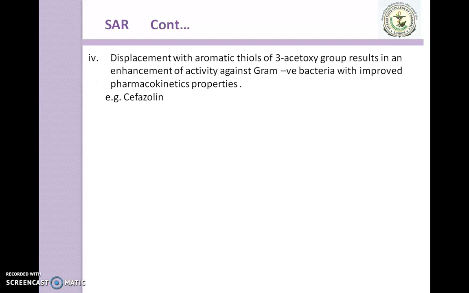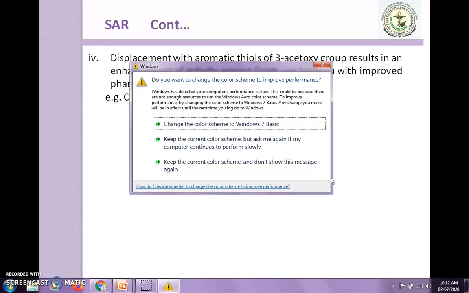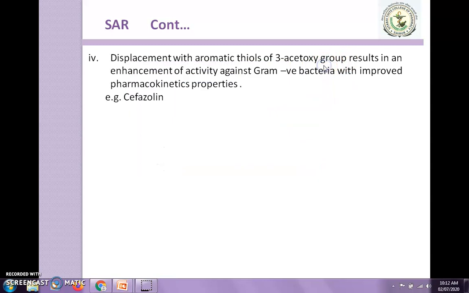Moving to the next point, displacement of the 3-acetoxy group with aromatic thiols results in an enhancement of activity against gram-negative bacteria with improved pharmacokinetic properties. Example for this point, cefazolin.